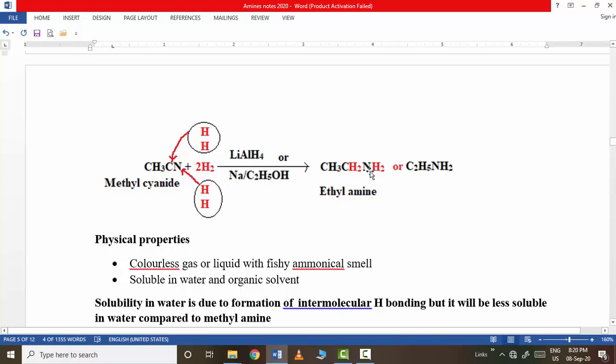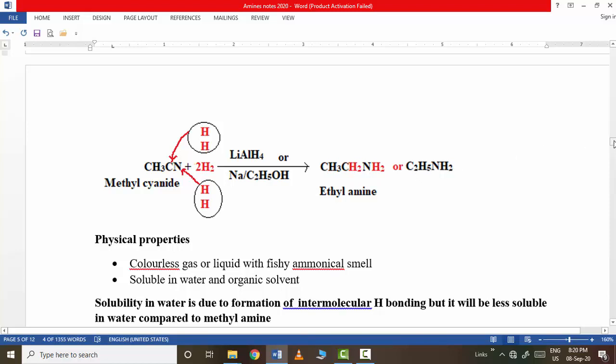Then NH, then 2 hydrogen added to the nitrogen, NH2, CH3CH2NH2. Or it can also be written as there are 2 carbon, so C2, 3 and 2 hydrogen will be 5 hydrogen, C2H5NH2. You can either write the formula of ethylamine in this manner or in this condensed manner.